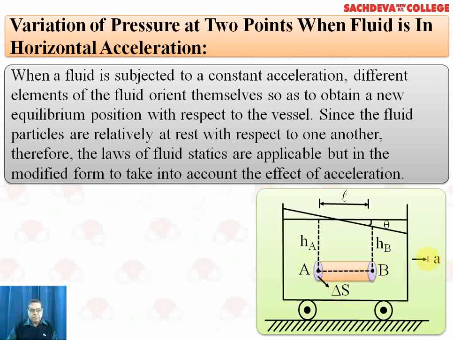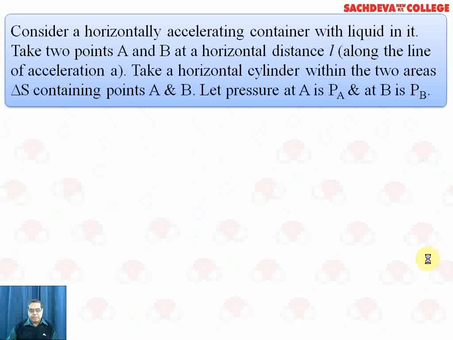And now, we come towards another concept. Consider a horizontally accelerating container with liquid in it. Take 2 points A and B as shown in the figure at horizontal distance L along the line of acceleration.